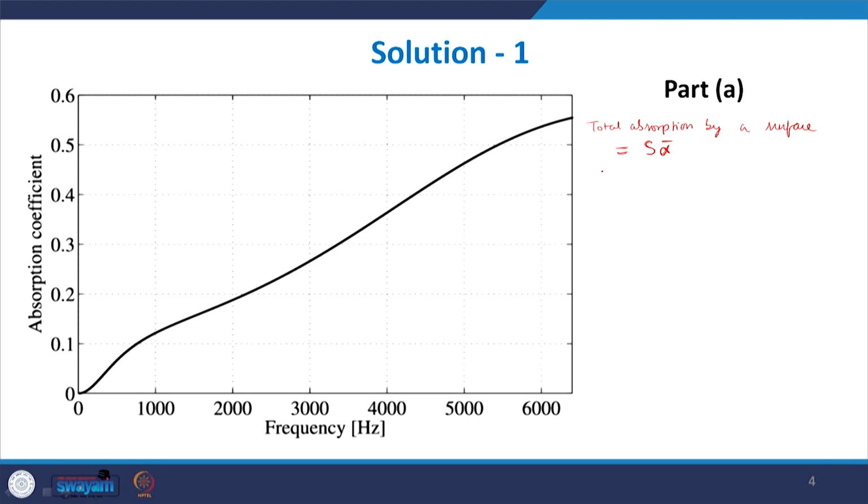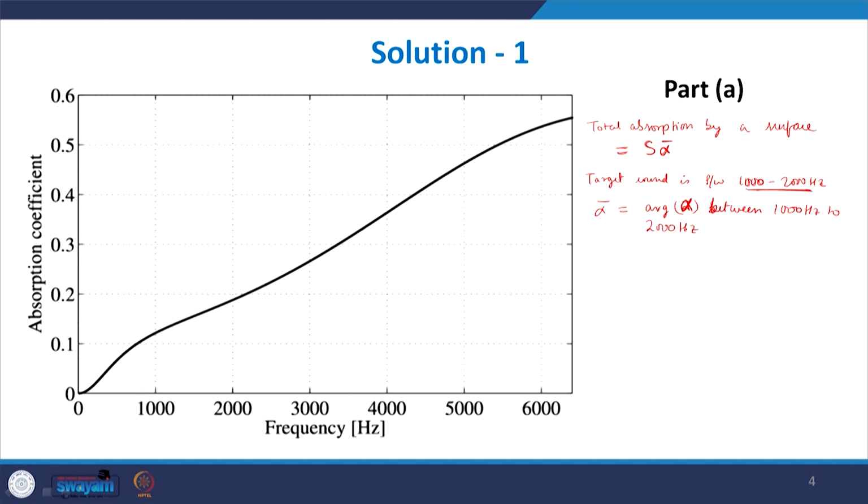Because the target sound is between 1000 to 2000 hertz, that is the only excitation being provided. So, the average absorption for this sound will be taken only between 1000 to 2000 hertz. So, alpha average is simply the average of the alpha values between 1000 hertz and 2000 hertz, because that is the incident sound.